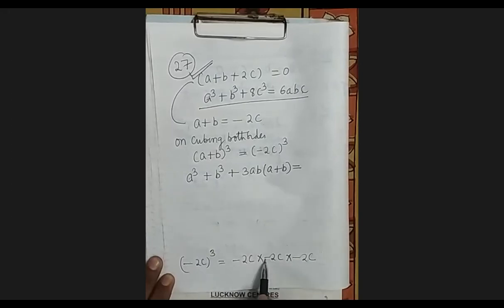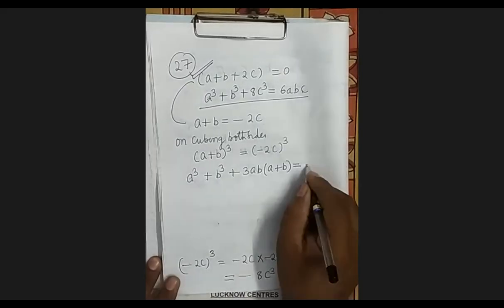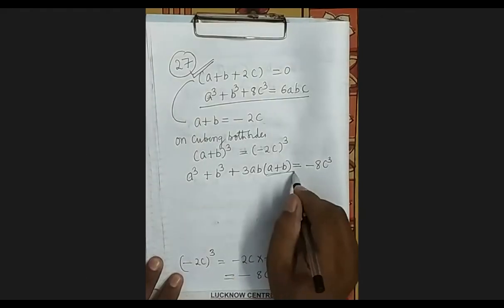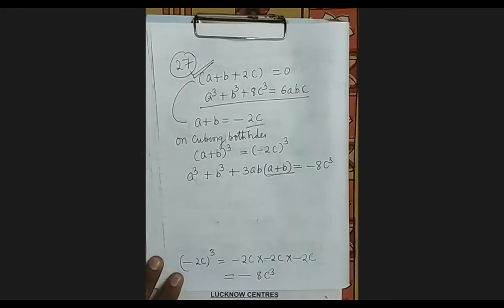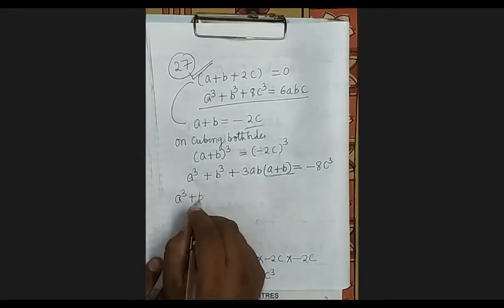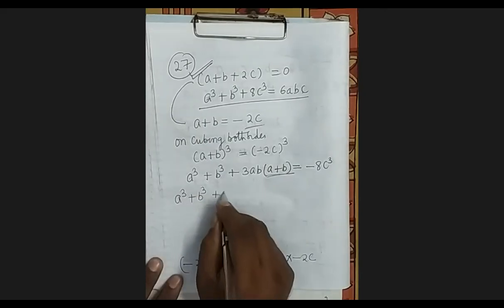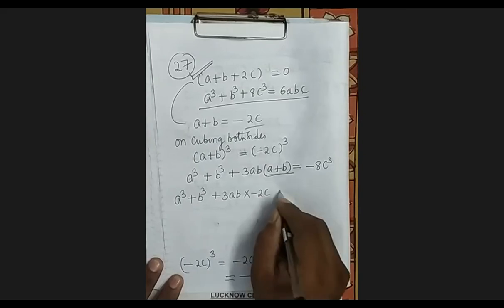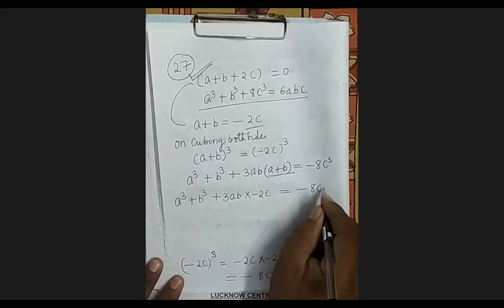Minus into minus plus, plus into minus minus. Minus 8c cube. Now you write down, in place of a plus b, minus 2c. So it is a cube plus b cube plus 3ab into minus 2c equals to minus 8c cube.